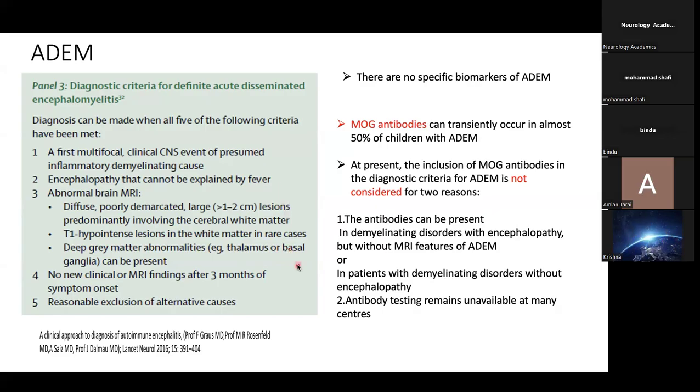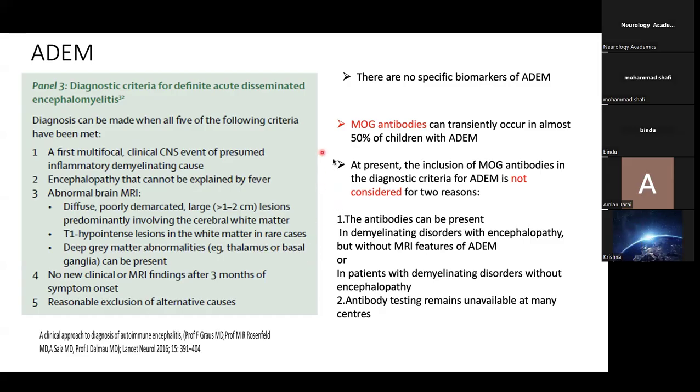Sometimes the deep gray matter like thalamus or basal ganglia may be affected. But there are no new clinical or MRI findings after 3 months of symptoms, because ADEM is a monophasic illness. So later on, after 3 months, there will be no new lesion on MRI and no new clinical findings, and there is reasonable exclusion of alternative causes.